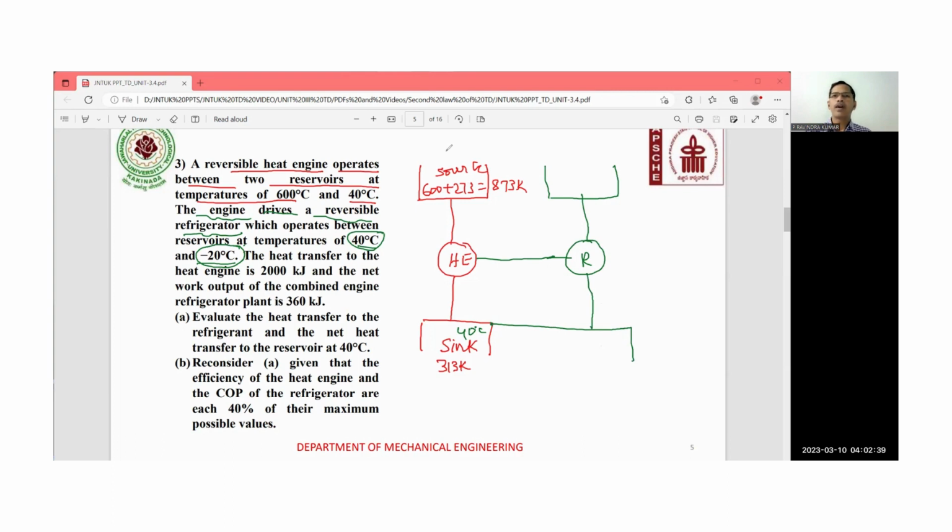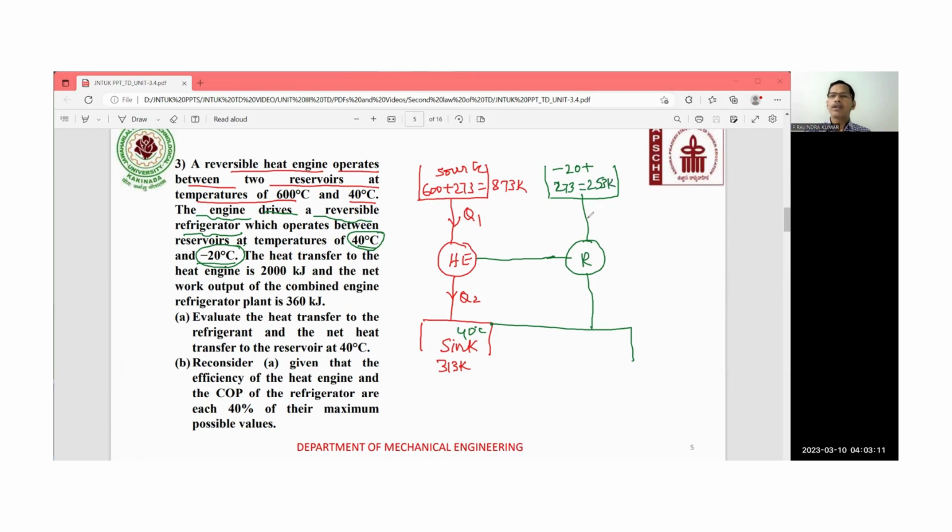Here you forgot the directions. So this is Q1, this is Q2, this is Q1 and this is Q2. But for the refrigerator, one thing you have to observe is that it is operating at minus 20 degrees centigrade, so minus 20 plus 273 is equal to 253 Kelvin.